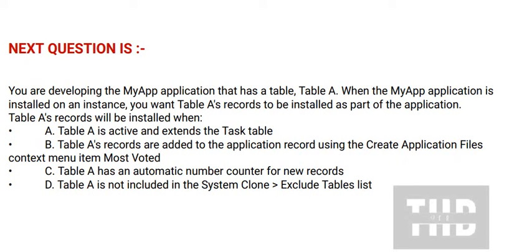Option B, Table A's records are added to the application record using the create application files context menu item. Option C, Table A has an automatic number counter for new records. And option D, Table A is not included in the system clone exclude table list.